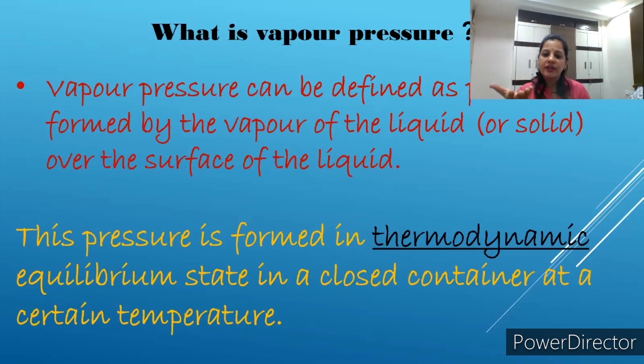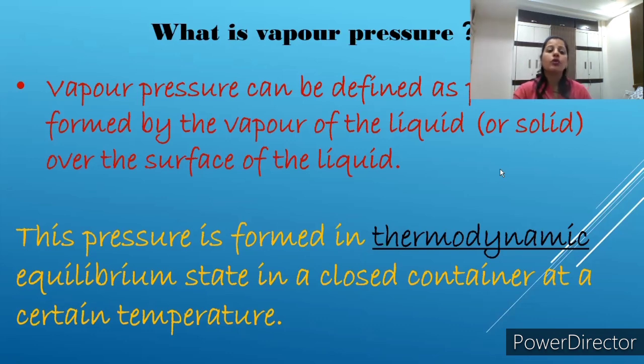The pressure created by the vapors of a liquid or a solid over the surface of the liquid or solid is called vapor pressure. And also this pressure is formed in thermodynamic equilibrium state in a closed container at a certain temperature.